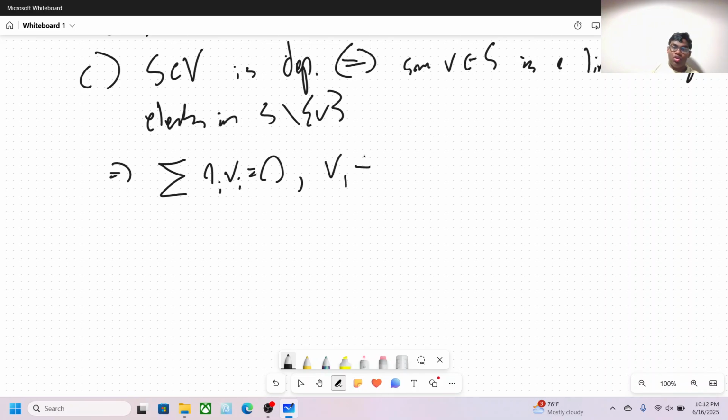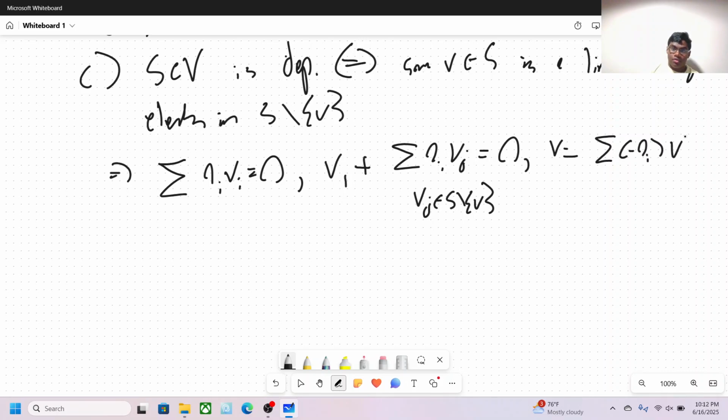Then we can pull out the v1, and the other terms are for v_j in S minus v. If we pull out v1, all of these other terms don't have v in them, and this is some sum equal to 0. So v equals the negative of the sum, and so it is a linear combination of elements in S minus v. And similarly, the reverse direction shows that if we have this, we simply put it on the other side, and we get a non-trivial combination.